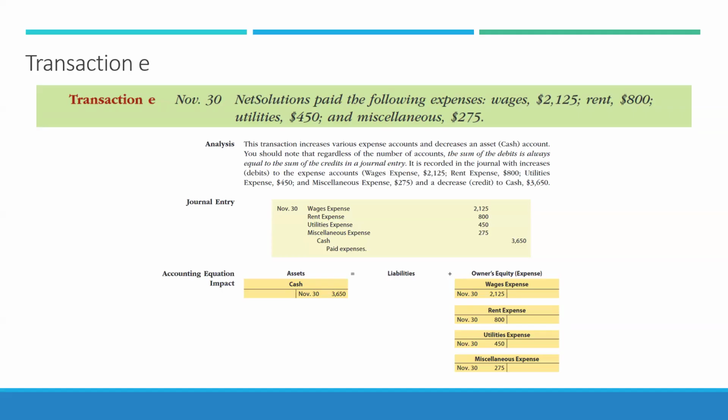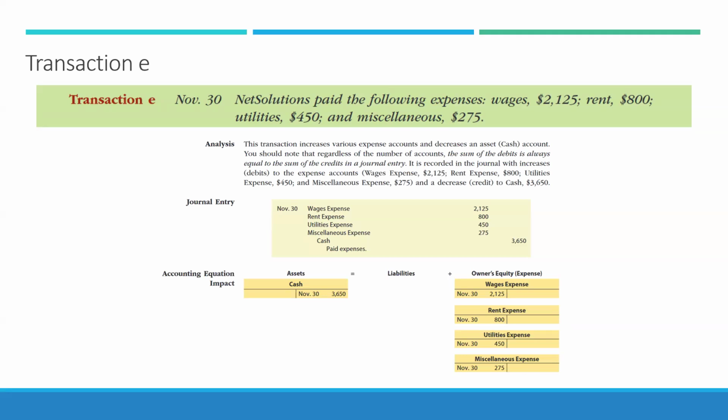Here's another one, guys. Net Solutions paid the following expenses. Okay, so guys, what's happening here? In the past, we've just had one debit and one credit, haven't we? This is common. All of a sudden, this transaction's a little more involved.